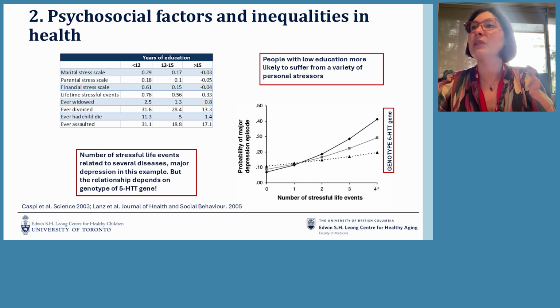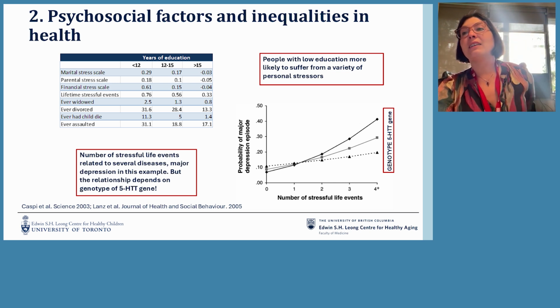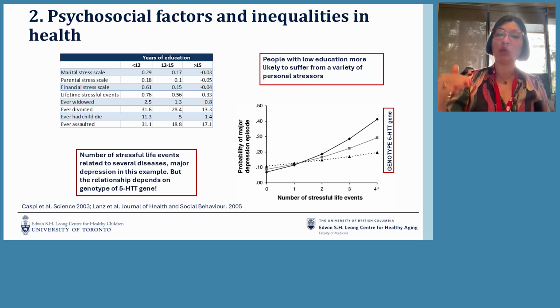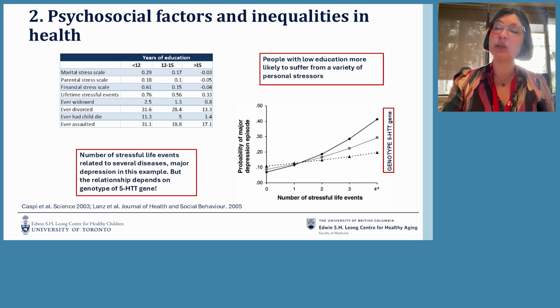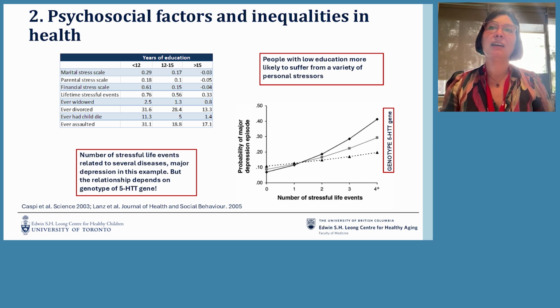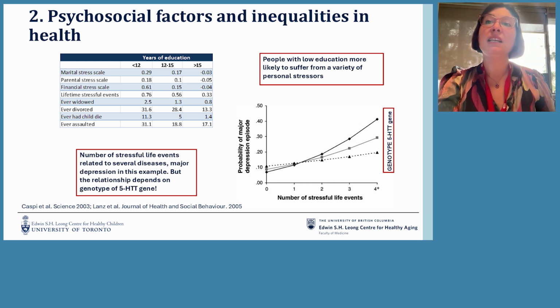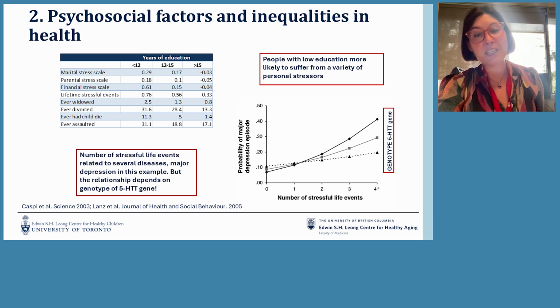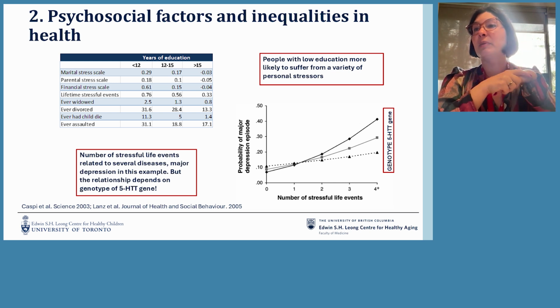So people with low education are more likely to suffer from a variety of personal stressors. But what is interesting, and you can see in the bottom figure, is that although the number of stressful life events is related to several diseases, the relationship may depend on the genotype of a given gene, the 5-HT gene, which is implicated in serotonin response.